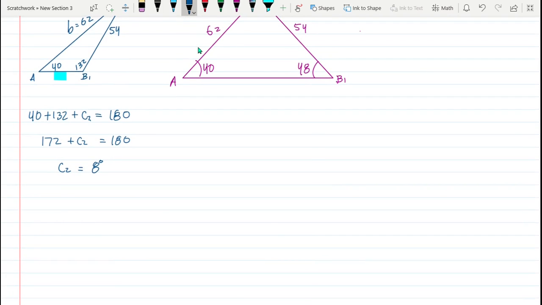So we figured that out. Now we can use the ratio of 54 over sine of 40 equals length of C2 over sine of 8 degrees, right? So sine of 8 degrees times 54 over sine of 40 equals C2, the length of C2.